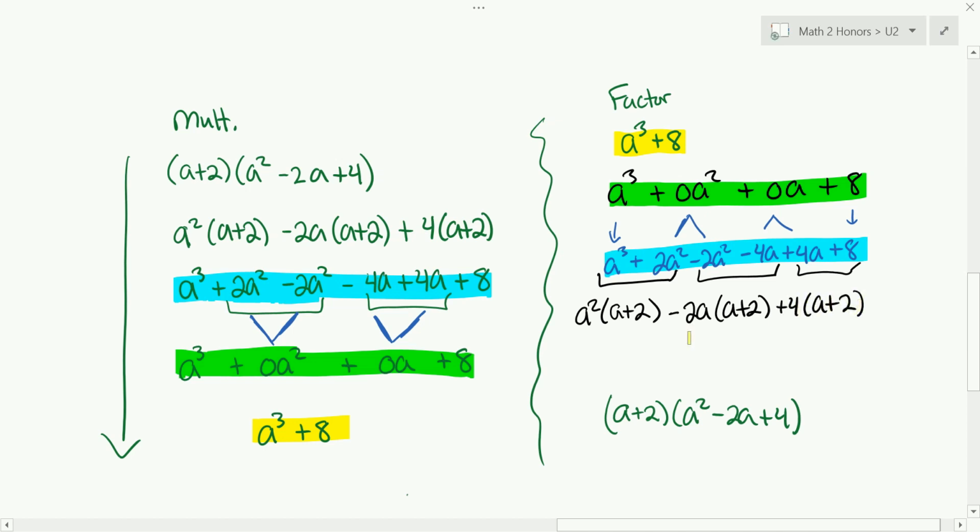And then how would we jump from that to the final answer? Do you see how all 3 of these have the same common factor? They all have an a plus 2, so you pull out the a plus 2, and then the a squared minus 2a plus 4 remains behind. So if I made you do this the long way, that's what it would have to be like, okay?